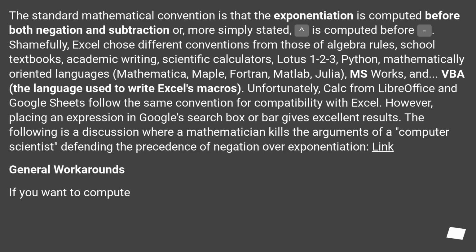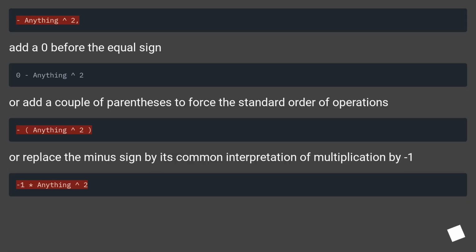If you want to compute -x^2, add a 0 before the equal sign. Or add a couple of parentheses to force the standard order of operations. Or replace the minus sign by its common interpretation of multiplication by minus 1.